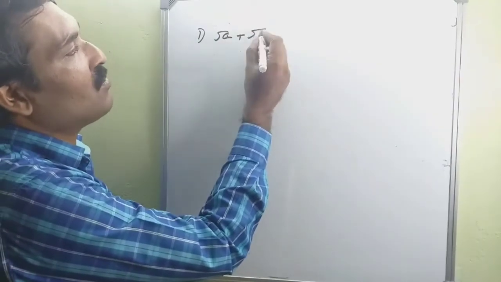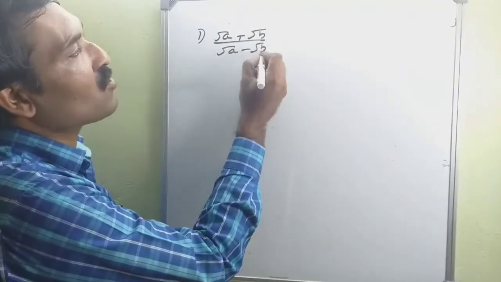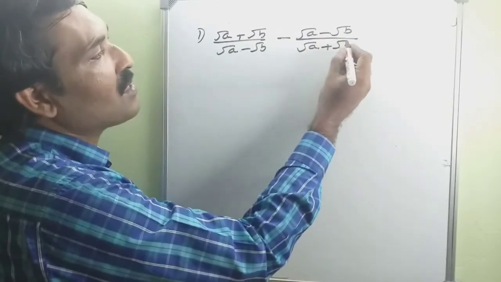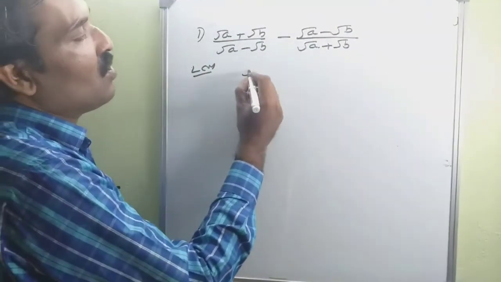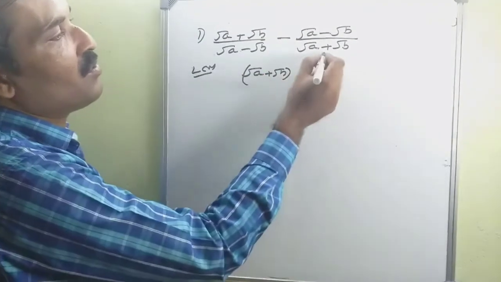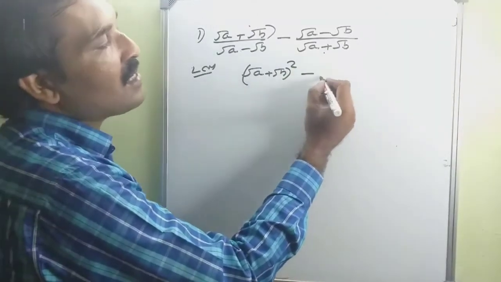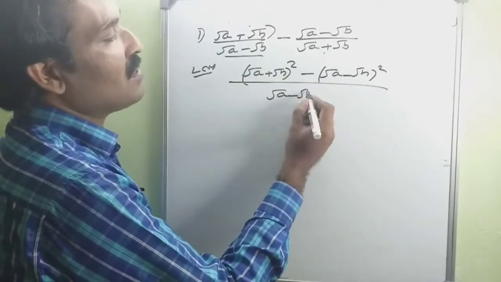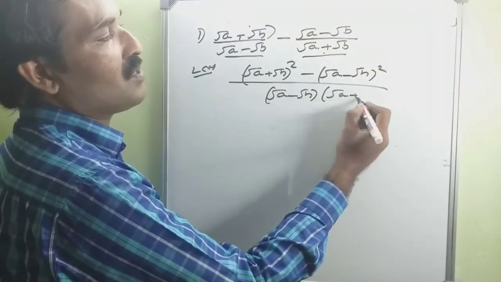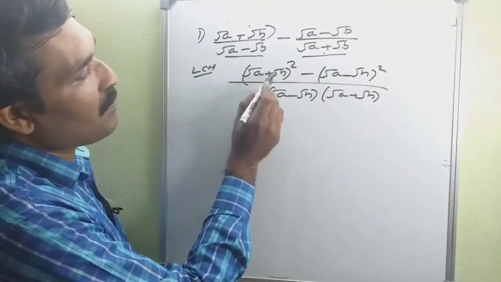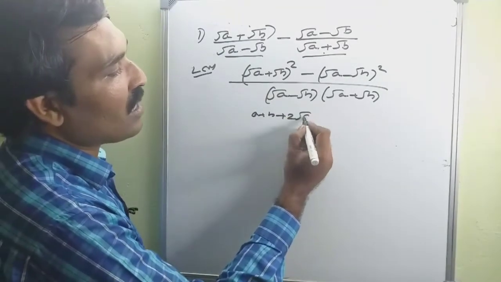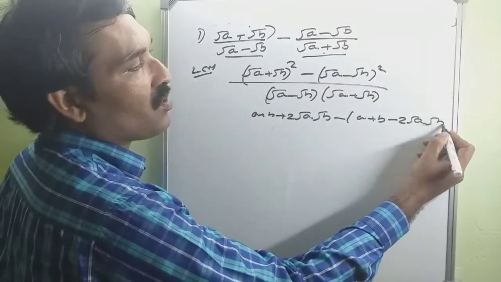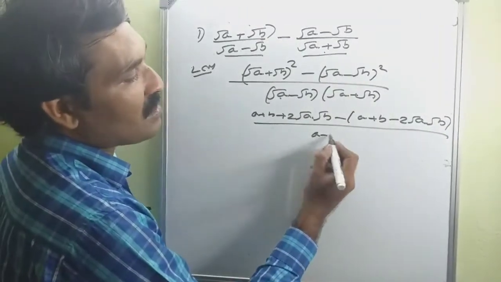Root A plus root B divided by root A minus root B, minus root A minus root B divided by root A plus root B. Taking LCM, we get root A plus root B into root A plus root B, that is the square, minus root A minus root B, the square, divided by root A minus root B into root A plus root B. Expanding this term, this becomes a plus b plus 2 root a into root b, minus a plus b minus 2 root a into root b, divided by a minus b.